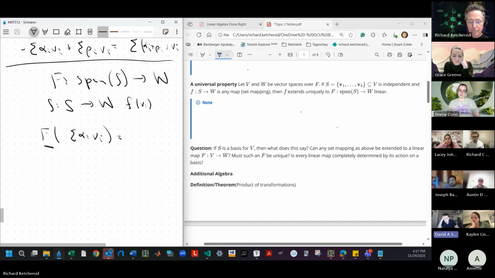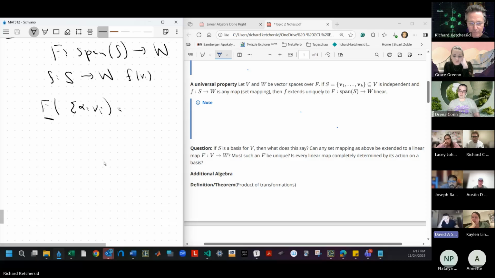Would it be f of the sum plus f of the sum of vi? So say that carefully. Where do I put the sum? The f is on the outside right now. So where are things going to go?